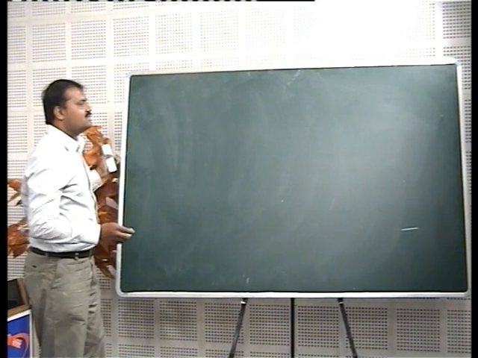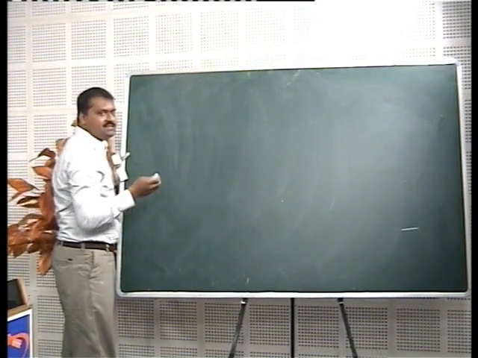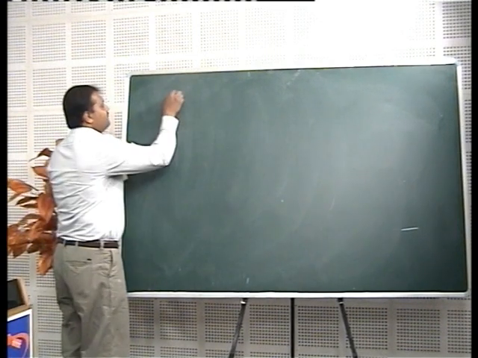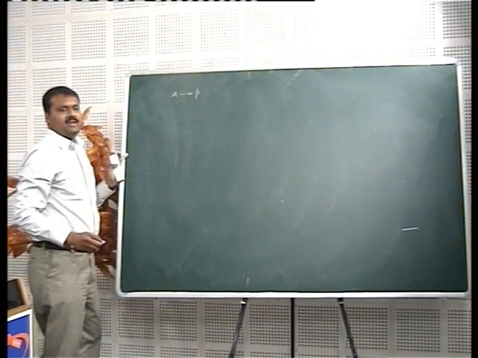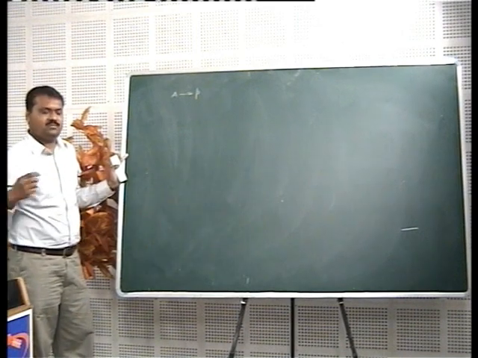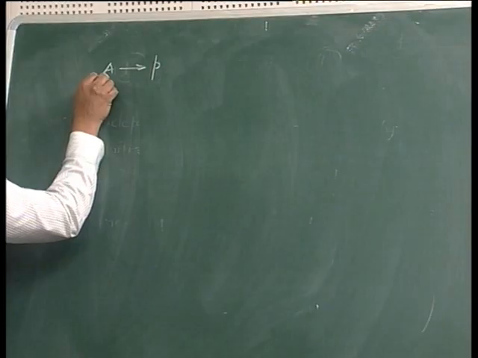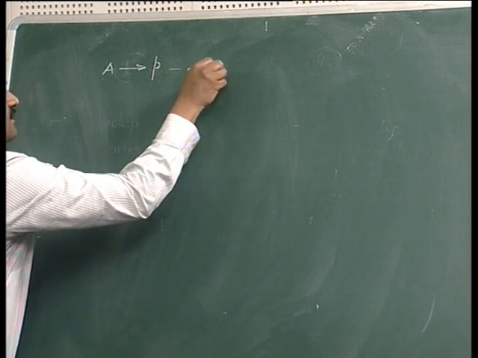See, there are certain reactions which complete in one step. Say, for example, this is a reaction which completes in one step, A to give products. So, this is called a one-step reaction.